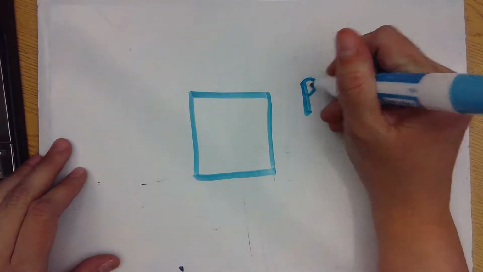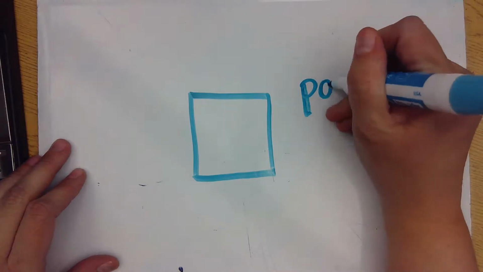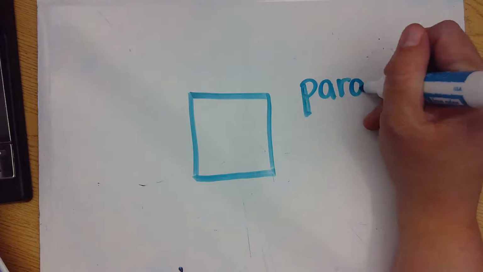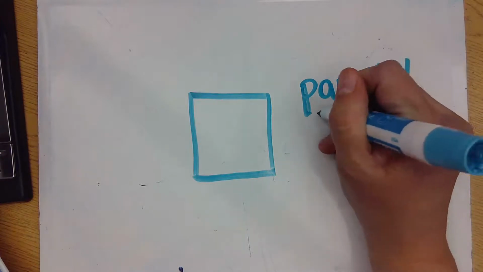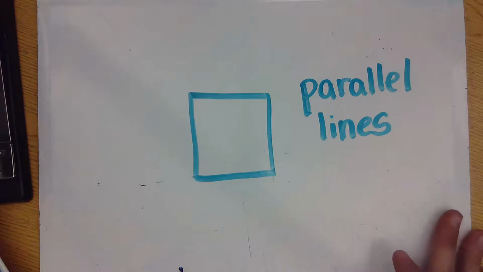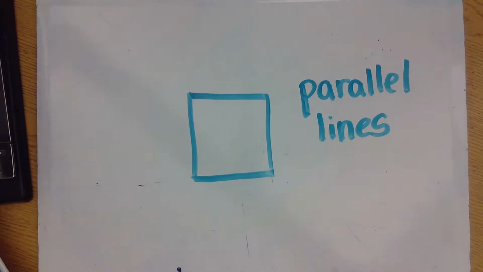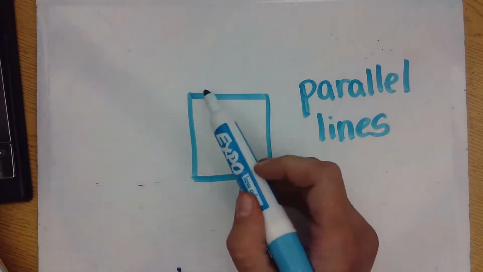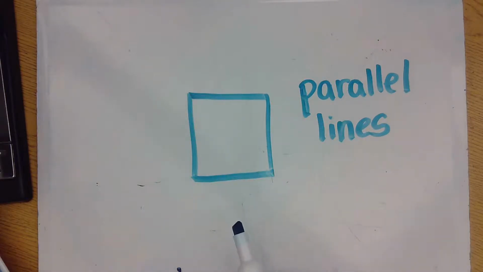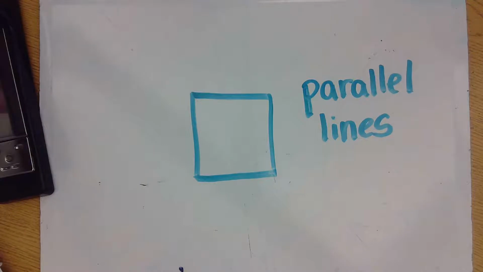Another attribute that we sometimes talk about with shapes is a new vocabulary word for you, and it's called parallel lines. Okay, so parallel lines, or parallel sides, I should say, are sides that are opposite each other.